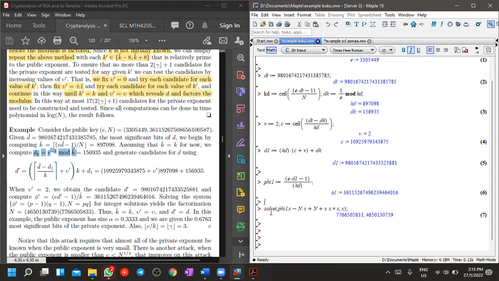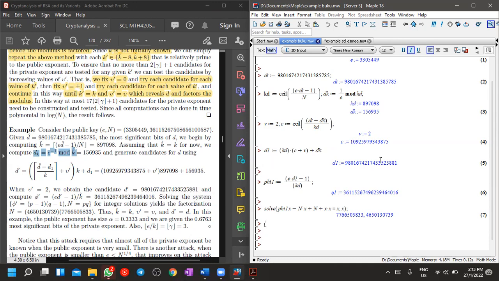After that, we check whether the modulus can be factored or not. If the modulus can be factored, then we know that K hat is equal to K, V prime is equal to V, and D prime is equal to D.